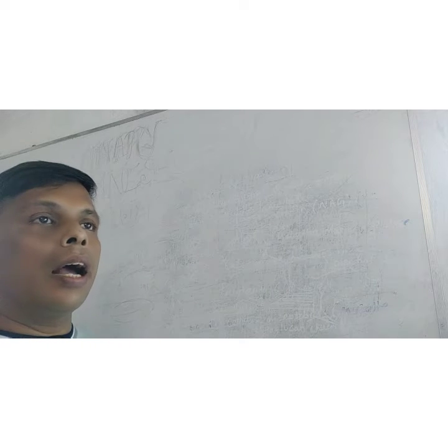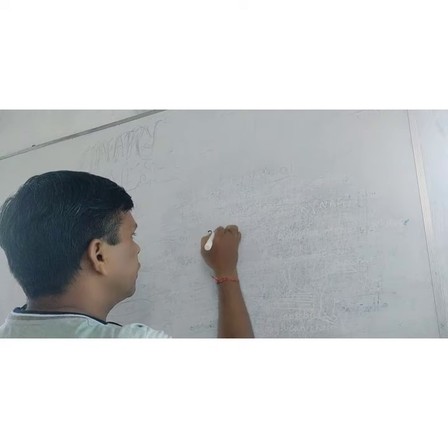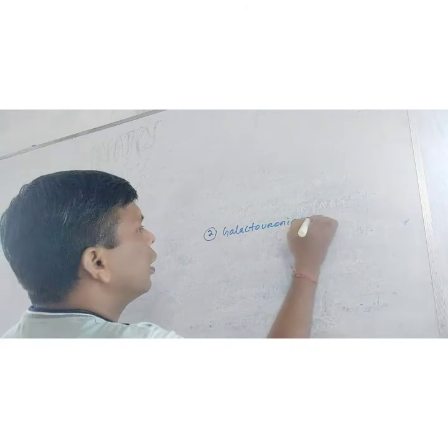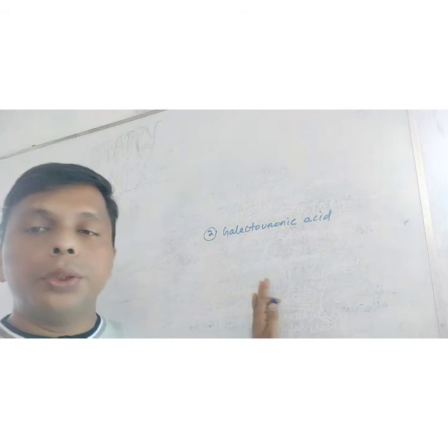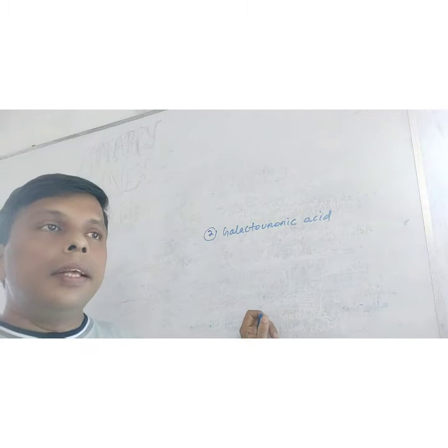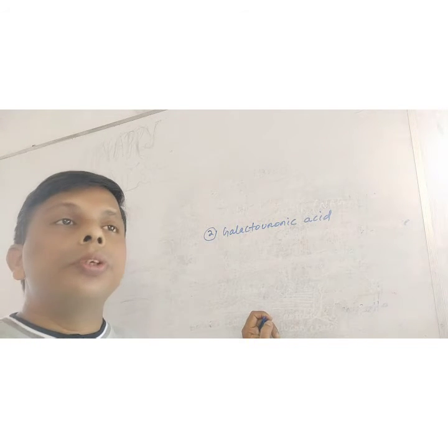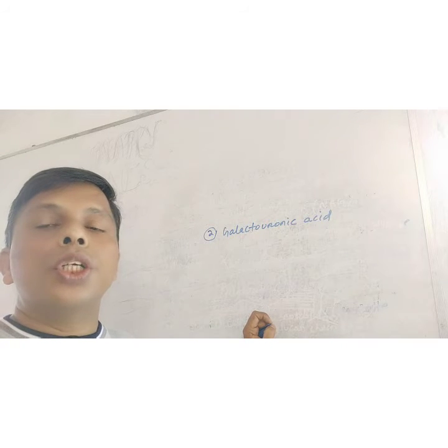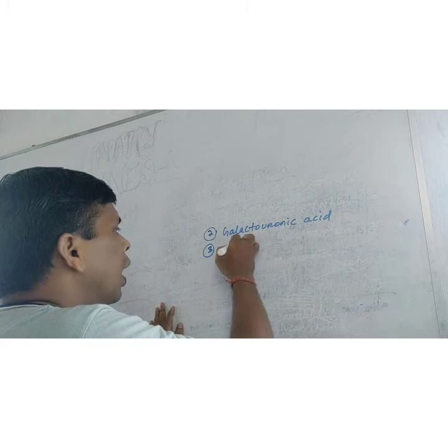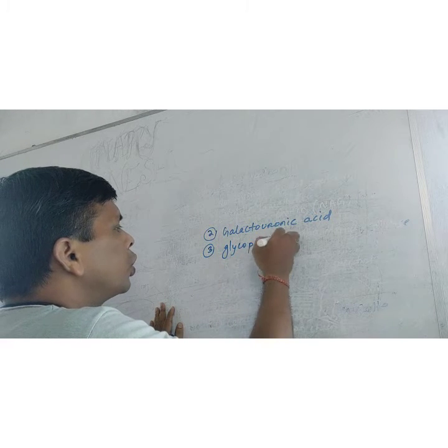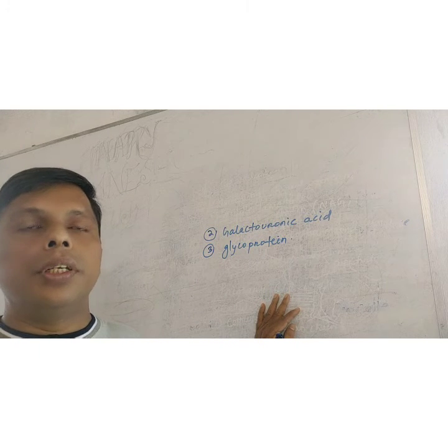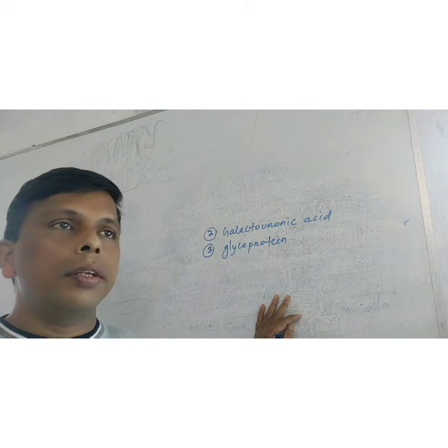The third network consists of glycoproteins or structural proteins. These are the three basic units of the primary cell wall.